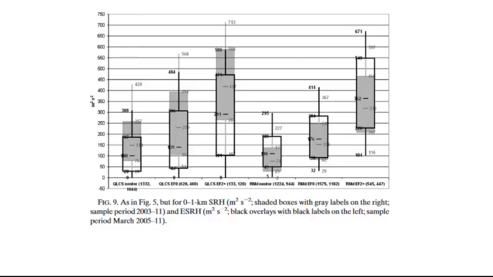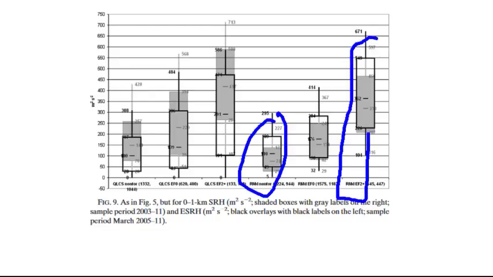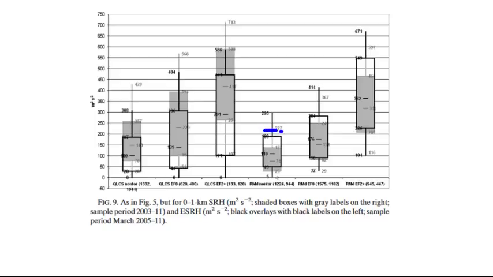And what we see here is that with the discrete supercells, there's very good discrimination between the non-tornadic events and the strong tornado events. And that threshold there is about 200 meters squared per second squared there.